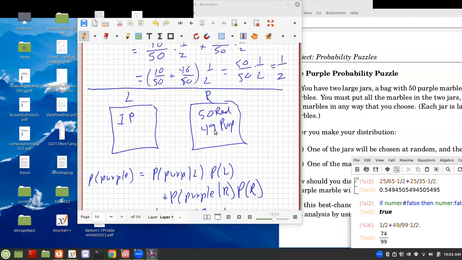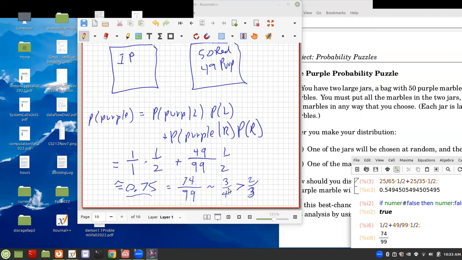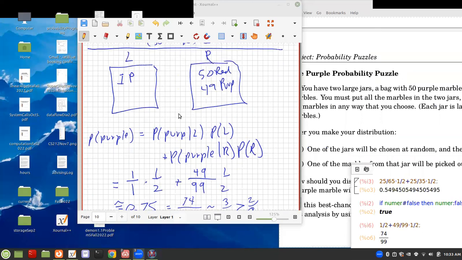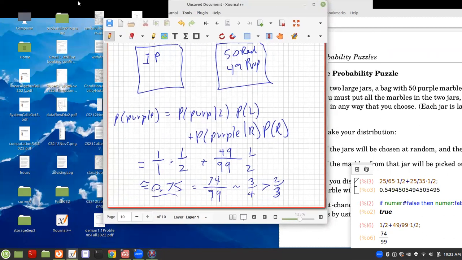And then on the other side, you've got all the rest of the purples diluting the effect of the red ones over here. So there is a distribution where instead of 1/2, you have 3/4. So this is the best you can do for this problem. This is sort of the solution that I was hoping that you guys would discover. Okay, well, that is the purple probability puzzle.